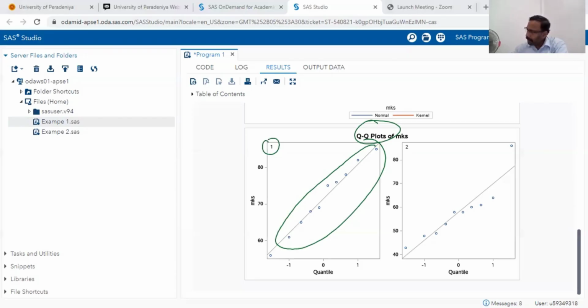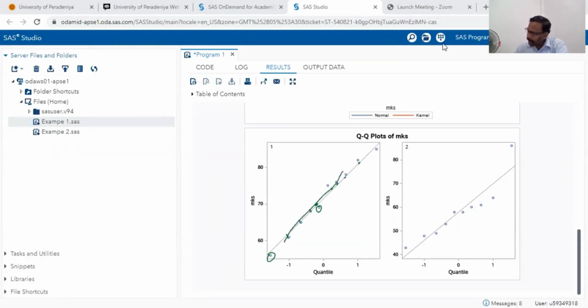So how each point, for example, this is your observed value, right? How it is deviating from the predicted value. So this is the observed value. Predicted values are the values that are on the line. So how far it is deviating. For example, if you have a QQ plot like this, that is a good set of data, right? If you have another set, this is not a good set of data.